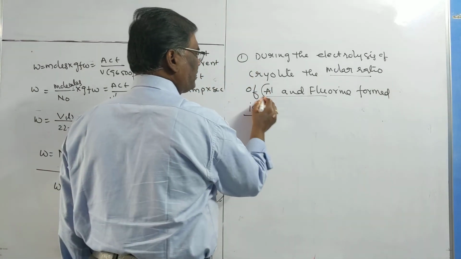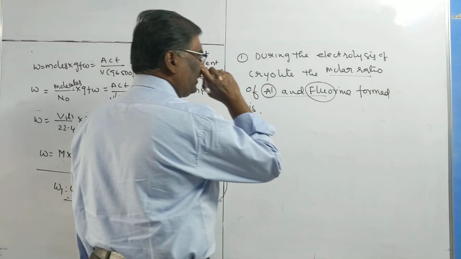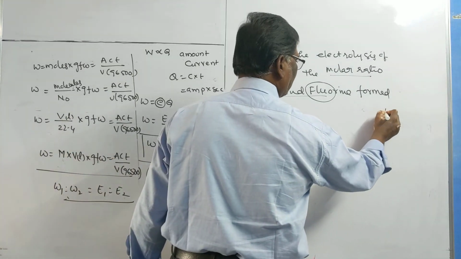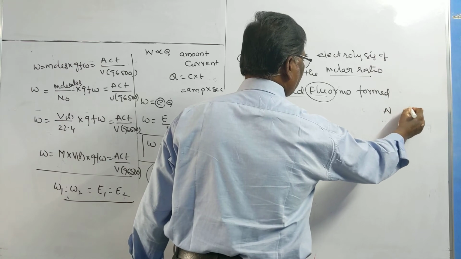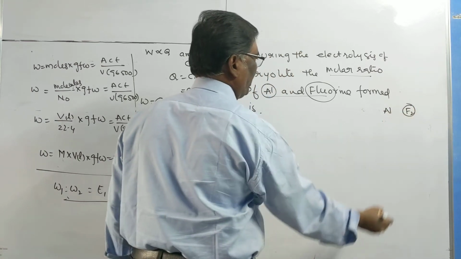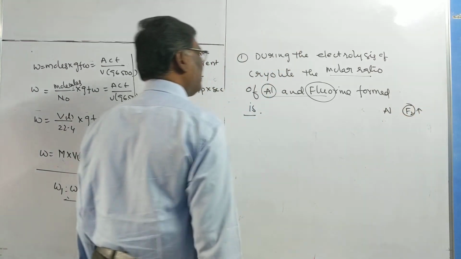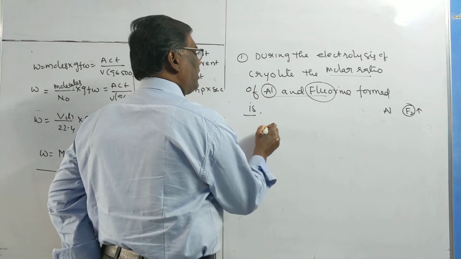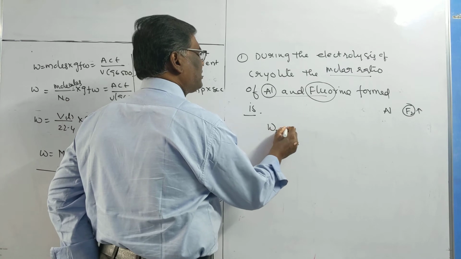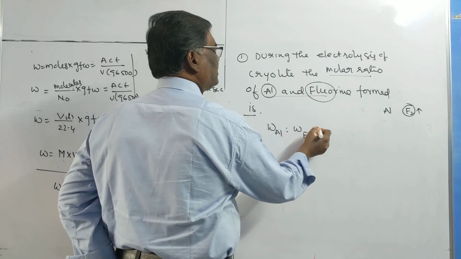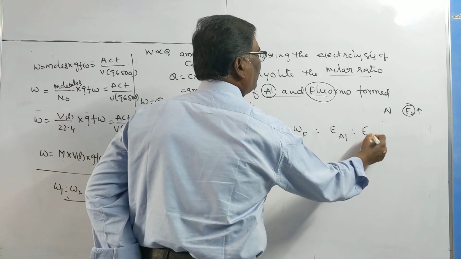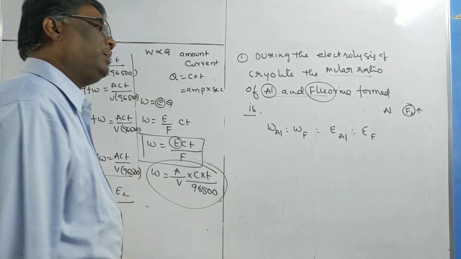You know, aluminum is a metal, fluorine is a non-metal. Fluorine is a diatomic gas. Now what is the ratio here? The weight of aluminum is to the weight of fluorine deposited is equal to the equivalent weight of aluminum and the equivalent weight of fluorine.